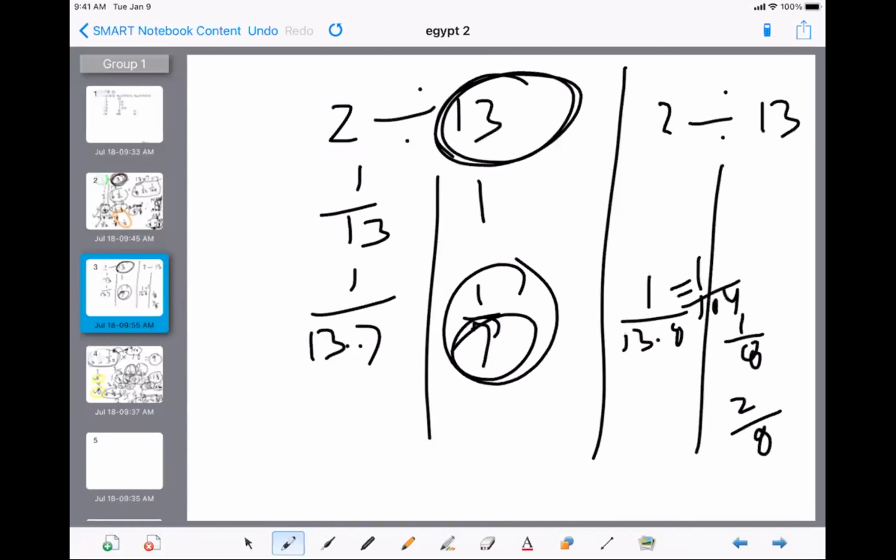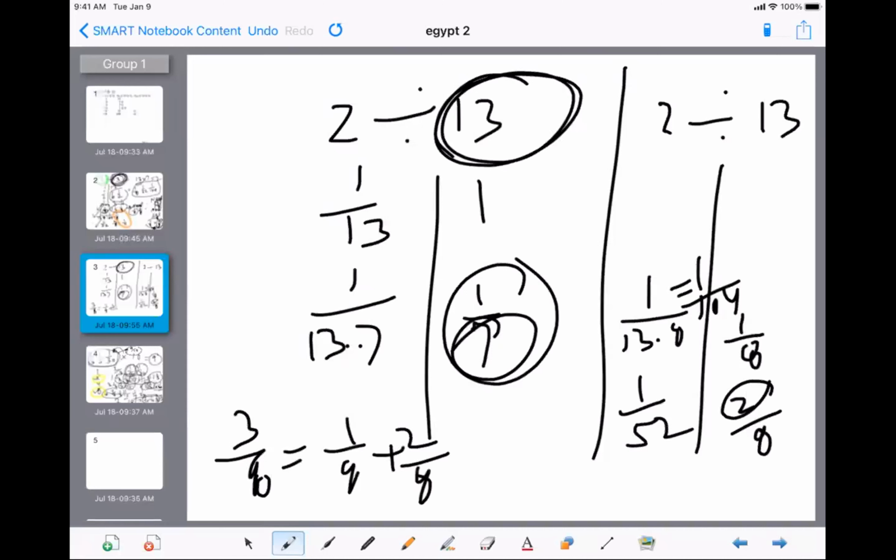But then I can get to the 2/8 by doubling the 1/104, which becomes 1/52. Now we could also get there by thinking of it as 1/4, but they wouldn't have thought of it in that way. If my goal is 3/8, they're turning it into 1/8 plus 2/8, and they're getting the 1/8 this way, and then they're getting the 2/8 by doubling it.